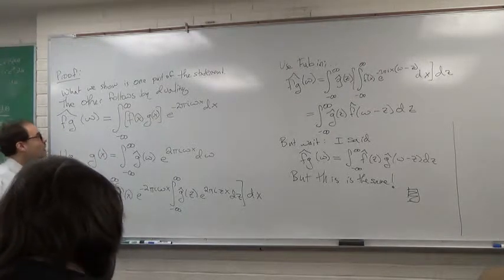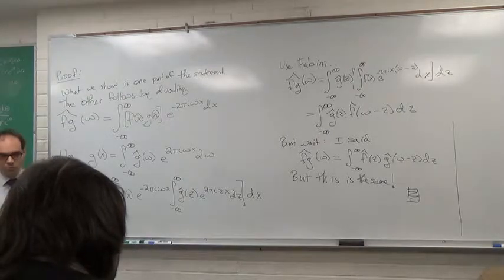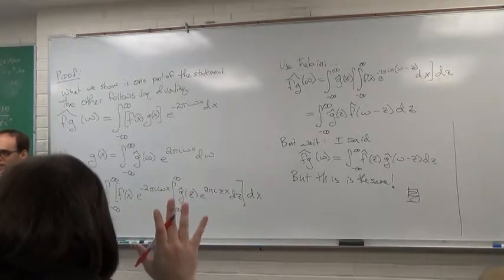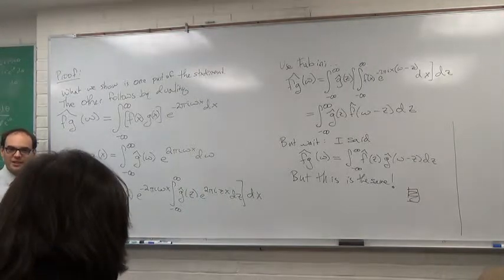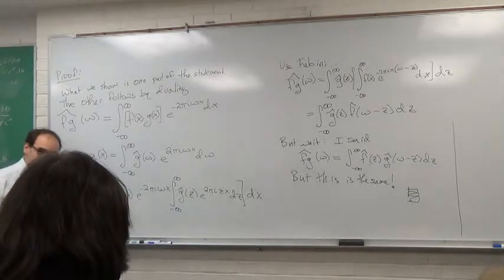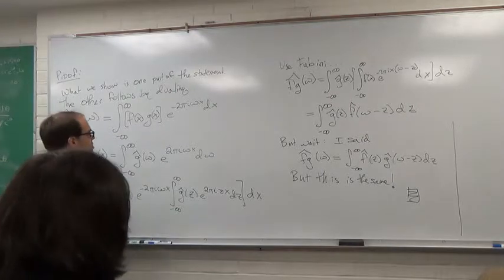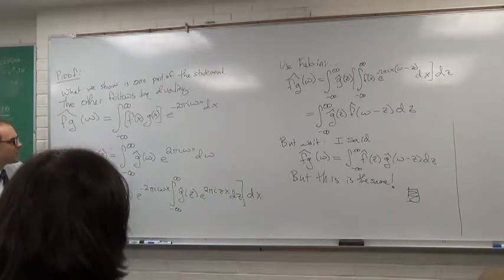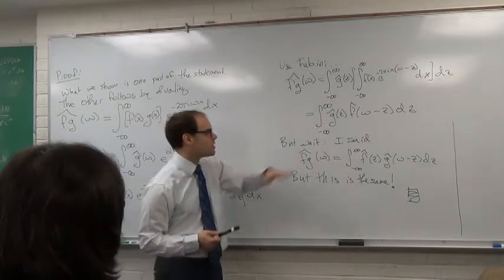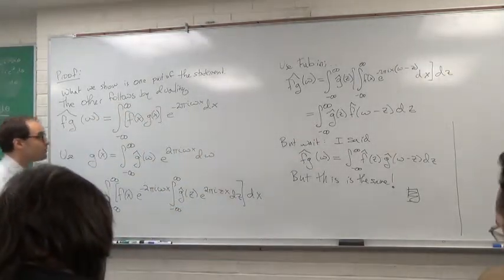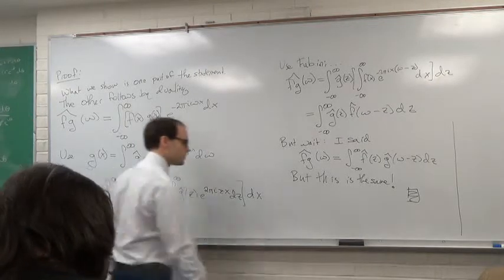Now, how many people have seen convolution before? Some, not everyone. How many people can compute convolutions graphically? Let me show you how to do that, because it's very useful to understand what convolution means. What does convolution actually mean in terms of functions on their own?